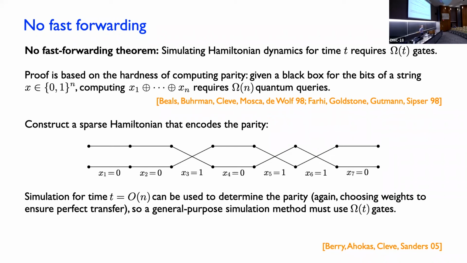So this shows that in general the number of queries you need to perform the simulation has to grow at least linearly with the amount of time that you want to evolve for. But we're interested in giving simulation algorithms that, with polynomially many gates, allow us to evolve for polynomially long times. So this is certainly not an obstacle to that. It's just a limitation on how fast we could hope to make our quantum simulation algorithms.